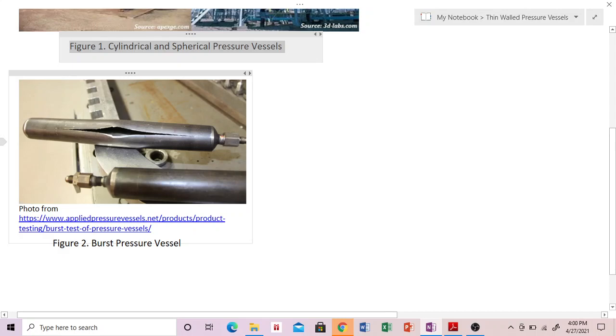Tangential stress kasi parang bumubuka yung direction ng failure pag ganito, pag tangential stress. Parang paano ko ba explain? Tingnan niyo tong cylinder na hawak ko. Kapag yung parang pabukas siyang ganun, pag ganun, na kapag tangential stress.